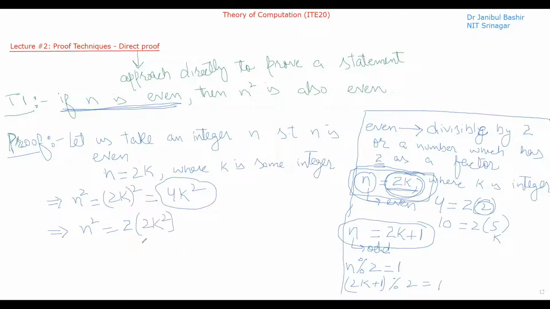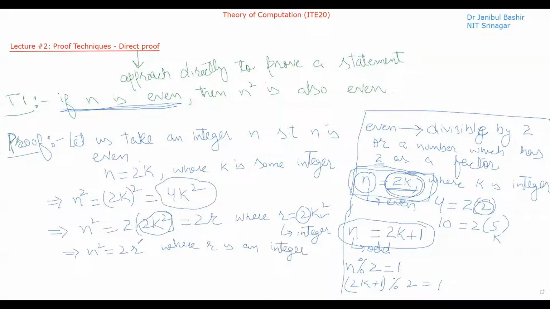Now I will replace 2k square by some other integer r, where r is equal to 2k square. Since k is an integer, its square is also an integer, and multiplying an integer with an integer is also an integer. So r is also an integer. So we can write n square is equal to twice r, where r is an integer.